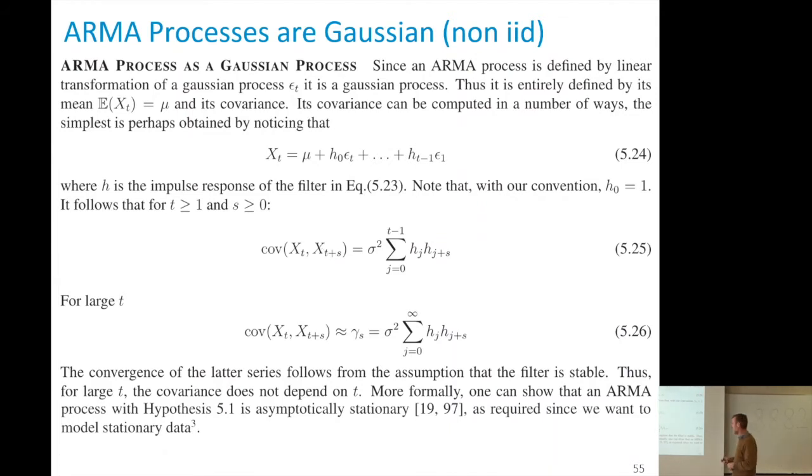Right. So that decays very fast to 0, which means even for small values of t, this is practically equal to this quantity, which is now independent of t. So first take-home message, for a normal process that is well behaved, so that satisfies truly the restriction on the stability of the ARMA process, of the filter, the covariance of xt and xt plus s, as soon as t is not very small, remains the same, which can be used to prove that in fact it is stationary.